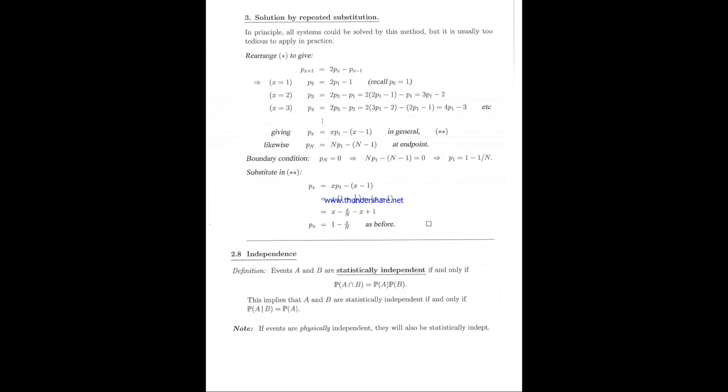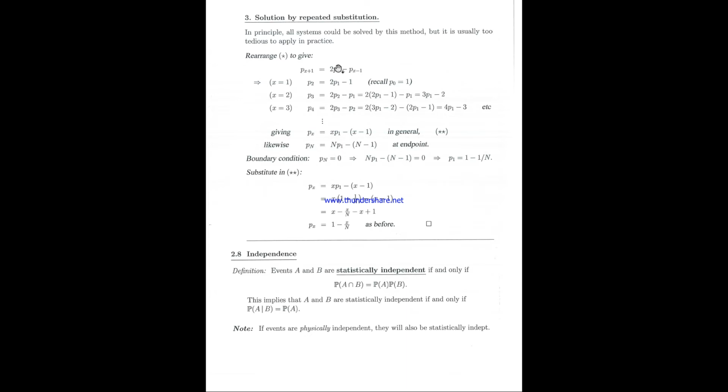There's also another method, repeated substitution, but I don't encourage you to use it because it takes a long time. It's much easier to find the answer using second order differential equations.